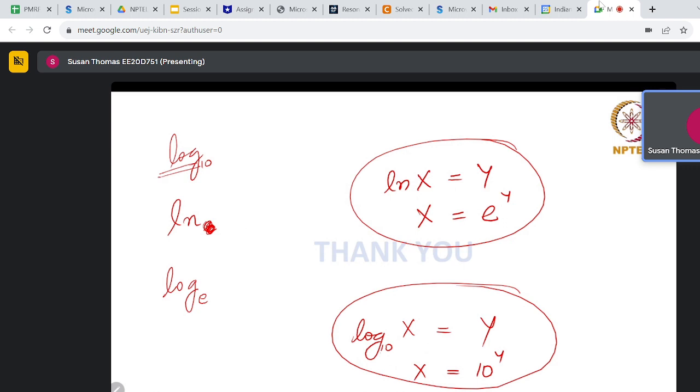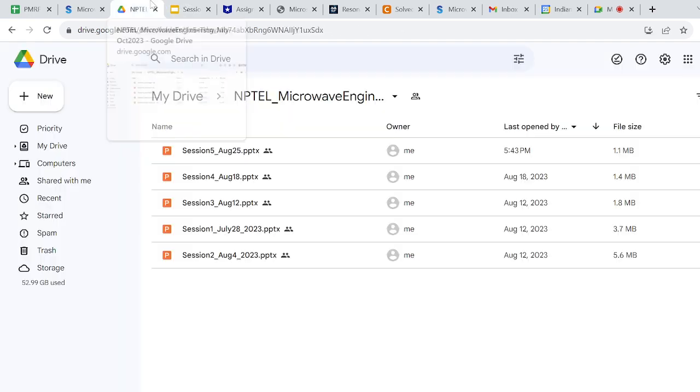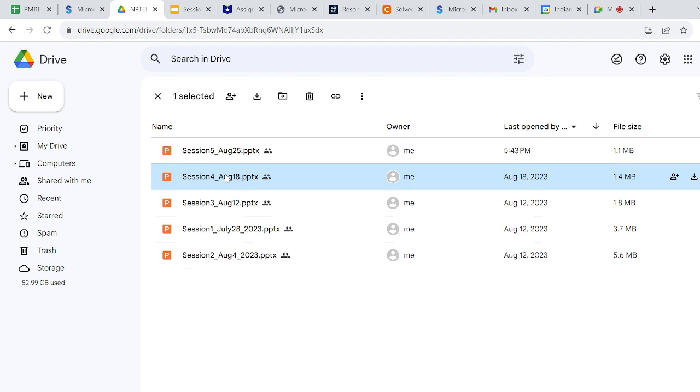For this answer, I don't know how to remove the ln of x. I got one question wrong, madam. The last one, with the binomial expression. There was a question which I discussed in the last session.